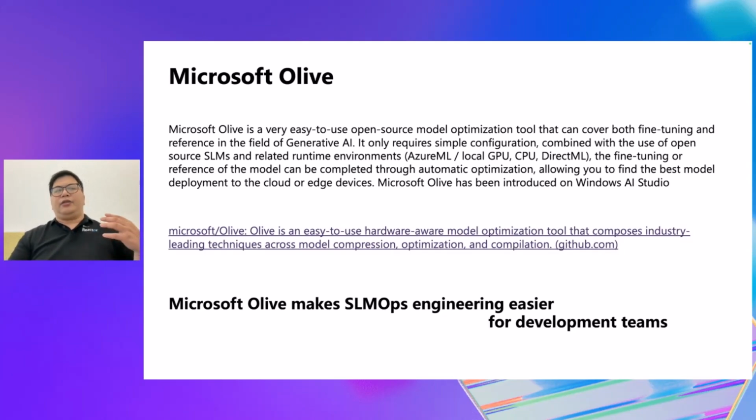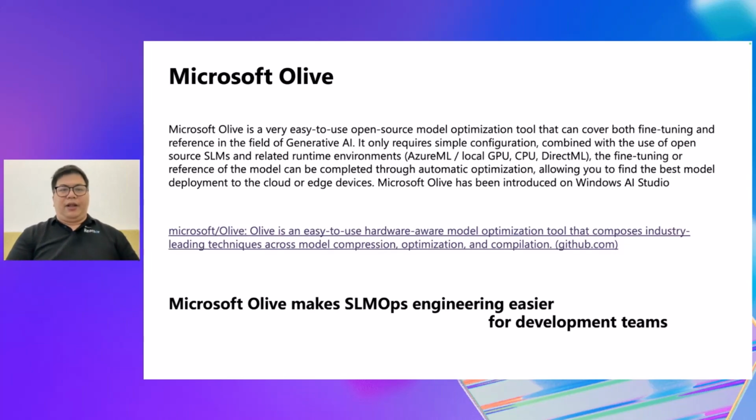You can use Azure ML. Of course, if you do not use Azure ML, you can use the local compute, just like GPU, CPU, or DirectML to support this. For fine-tuning, you can choose different algorithms, just like QLoRA or LoRA in Microsoft Olive settings.